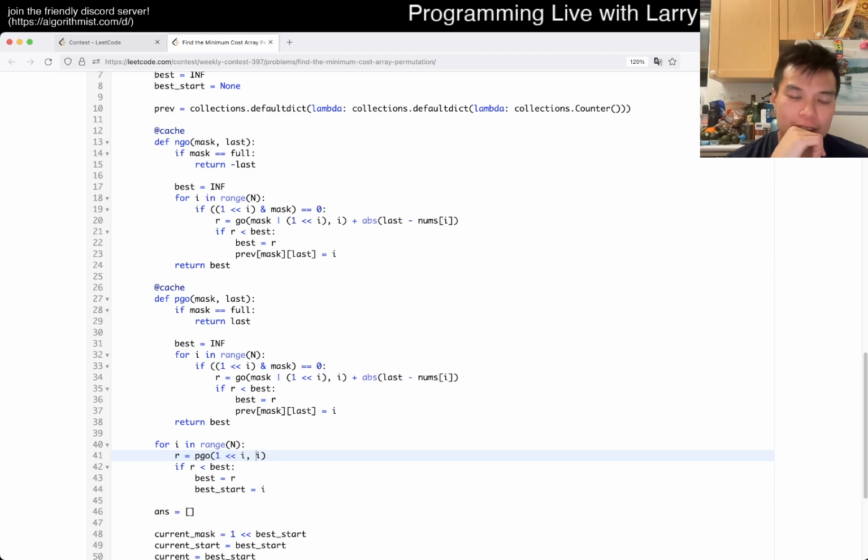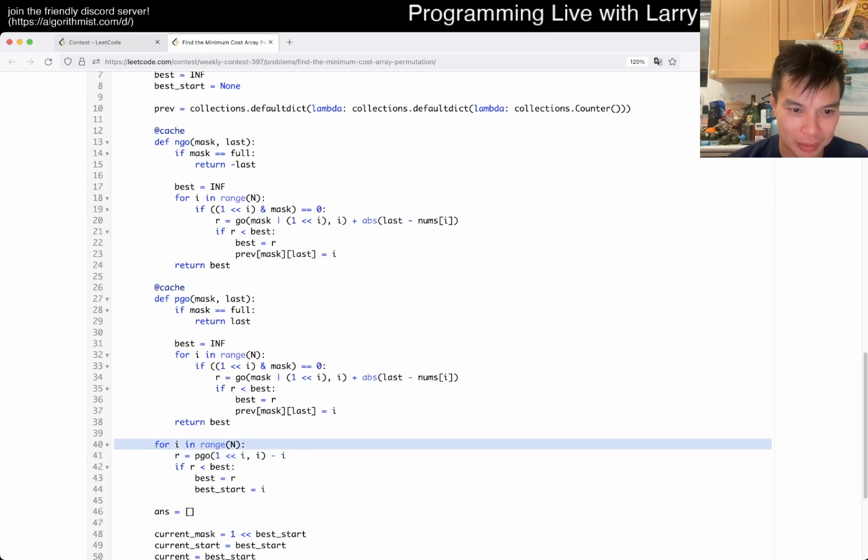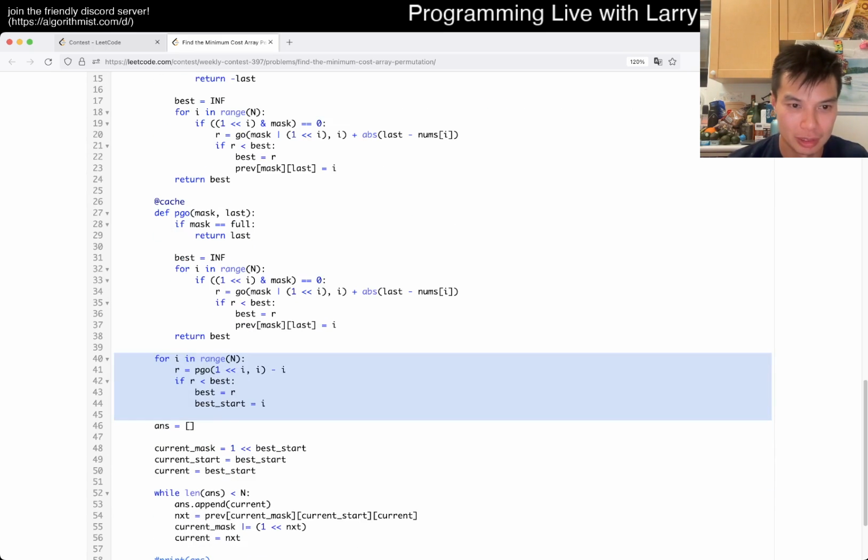So then now, that means that it's going to be this subtracting. If this works, to be honest. So I guess we'll see.